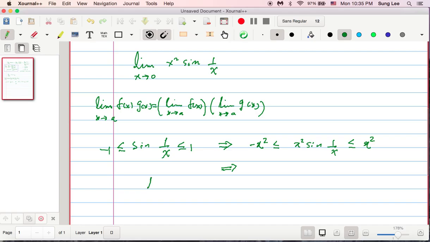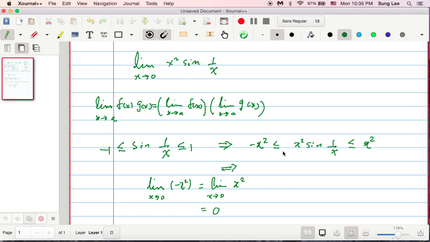Here note that the limit of negative x squared when x approaches 0, and also the limit of x squared when x approaches 0, they both are equal to 0, right? So these two limits exist and they approach the same number 0.